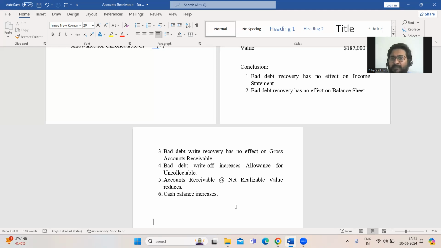Bad debt recovery has no effect on gross accounts receivable. Gross accounts receivable will stay the same. There will be no impact on the same.